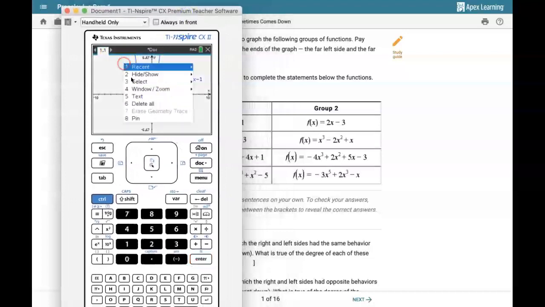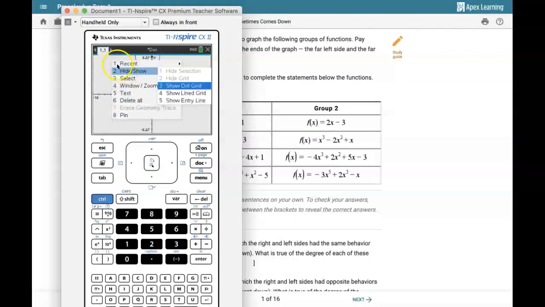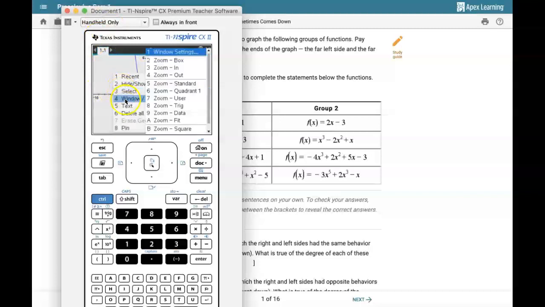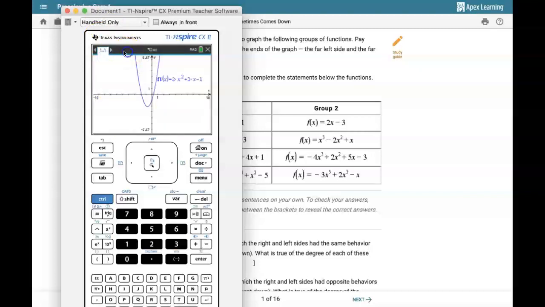Now, if we're looking at group 2, we're going to calculate a new graph. I'll pick maybe the second one down.